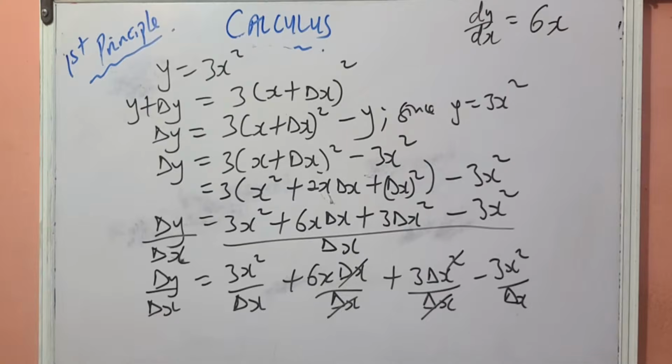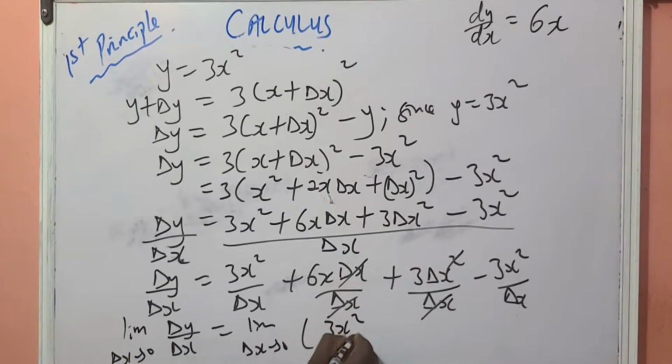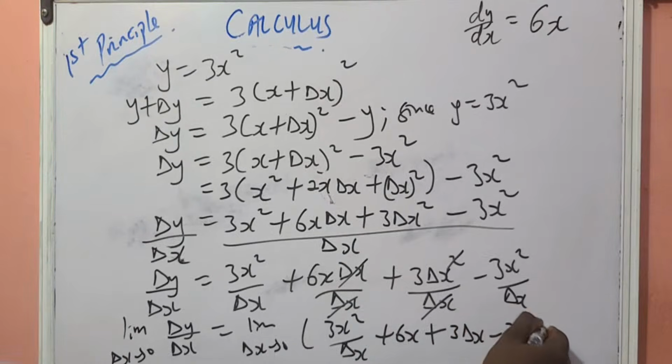I told you already that when taking the limit of change in y over change in x, with change in x tending to 0, I take the limit of every term, with the x tending to 0. So I have 3x squared over dx plus 6x plus 3 dx minus 3x squared over dx.